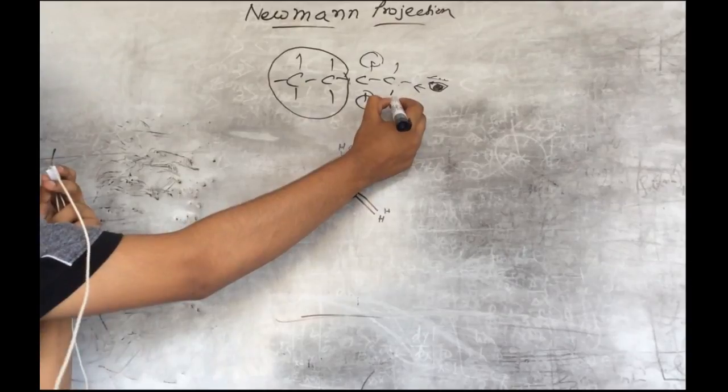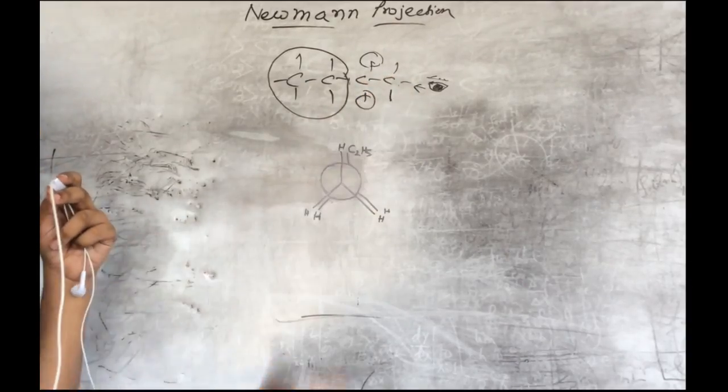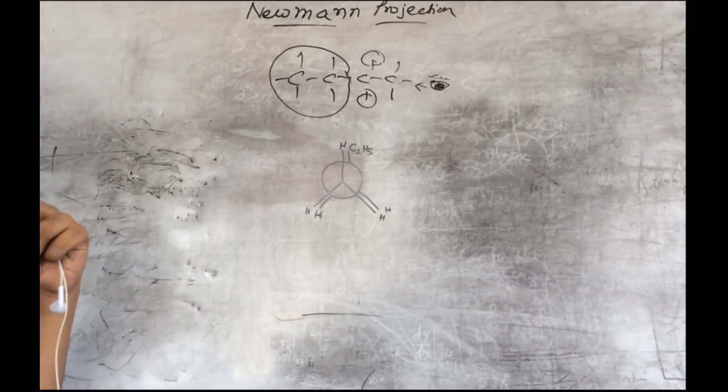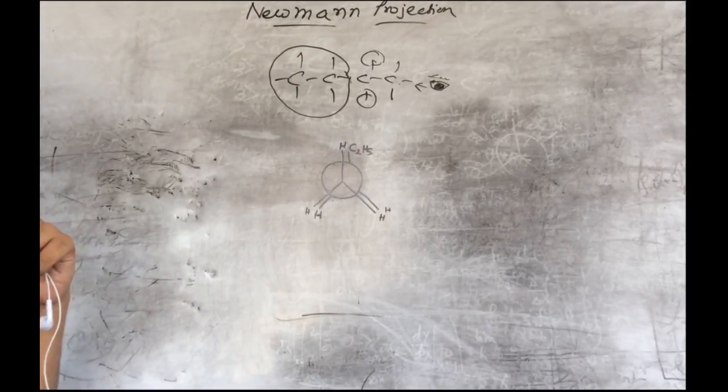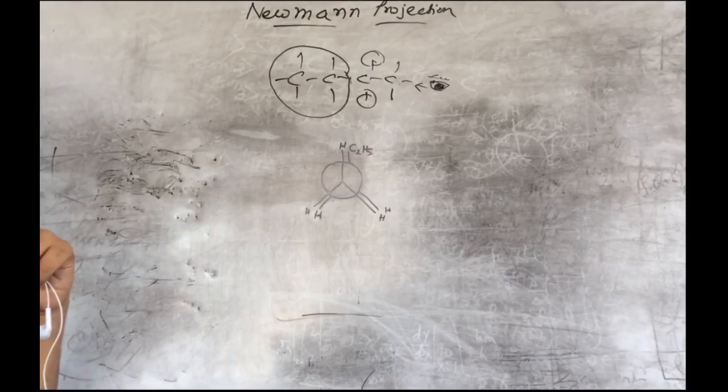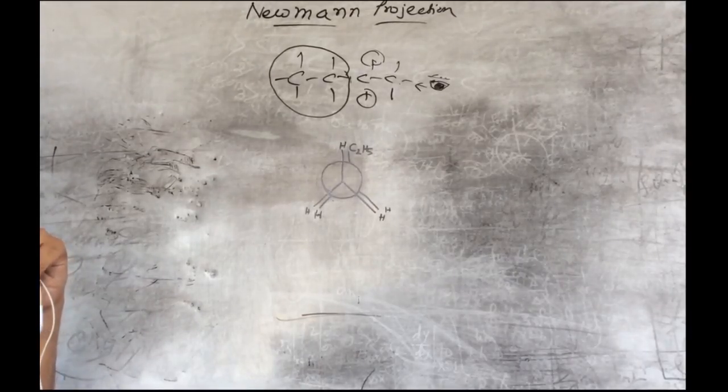You just view the molecule along one side and number the carbon which you are viewing as the front carbon and draw it with a dot, and draw the immediately previous carbon as the circle, and the carbons which are linked to the backside carbon, you just make them the substituent of the backside carbon.